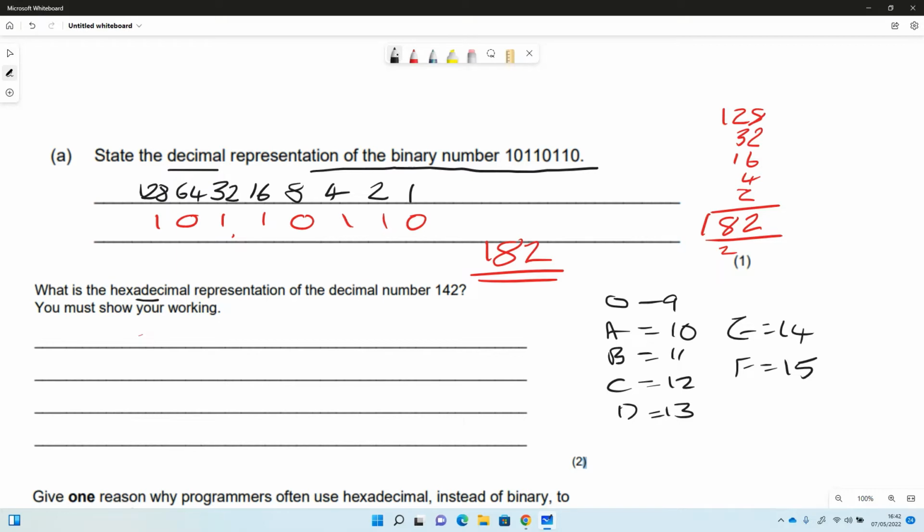So what's the hexadecimal representation of the decimal number 142? The way I like to do it is to find out what that is in binary first. So again, I'm doing the same thing, writing down my binary pattern here. 142, so I've got 128, so I can take that away.